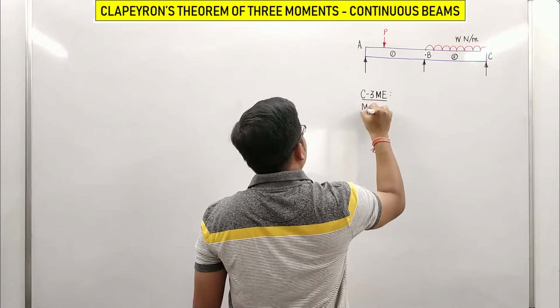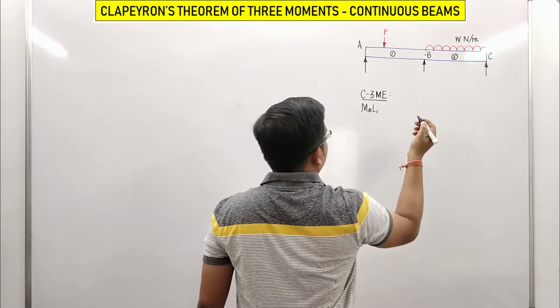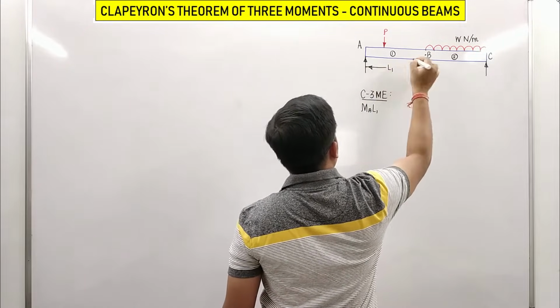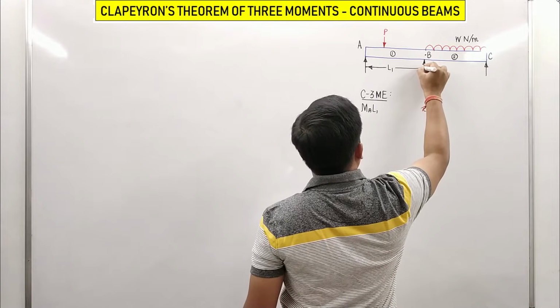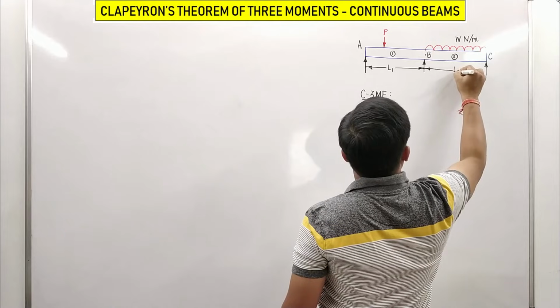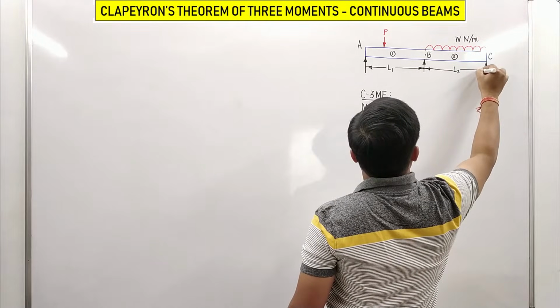Now, Clapeyron's three-moment equation is written something like this. It's going to be MA L1. Some of you might be thinking, what the hell is L1? This is L1, and this over here is L2.